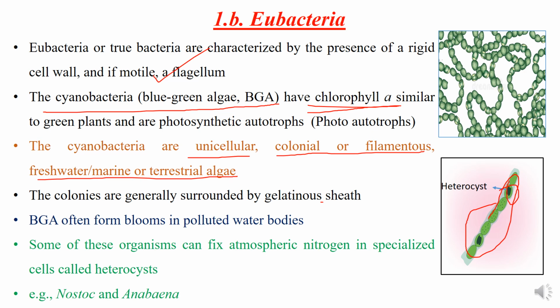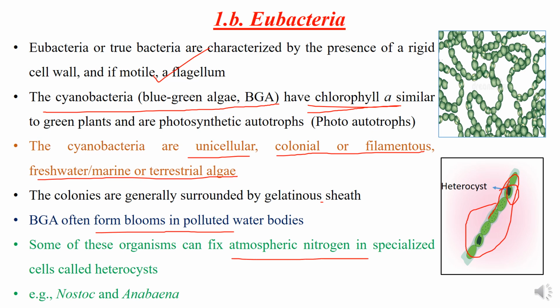BGA often forms blooms in polluted water bodies. If you see blooms in polluted water bodies, that is because of blue-green algae. Some of these organisms can fix atmospheric nitrogen in specialized cells called heterocysts.